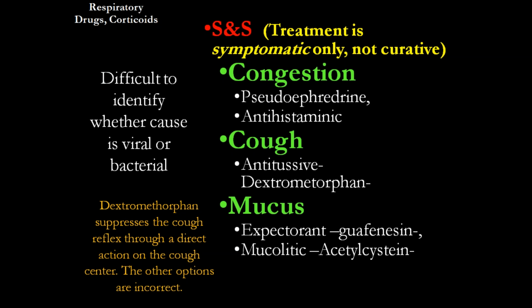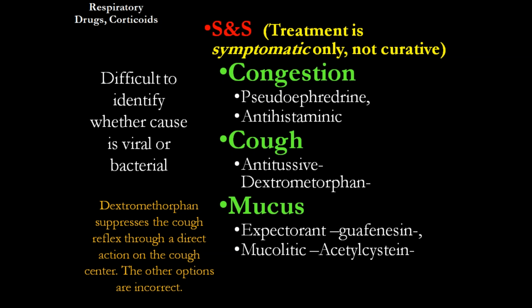From this, we are going to divide by signs and symptoms, because most upper respiratory tract problems are symptomatic. Symptomatic means that the treatment is not going to cure the process, but it is going to control it. We are going to have congestion, cough, and mucus.